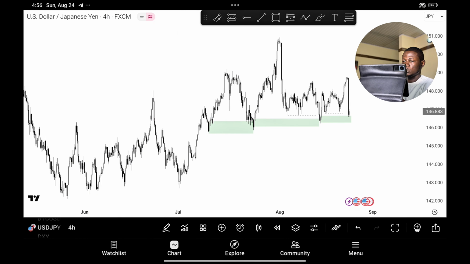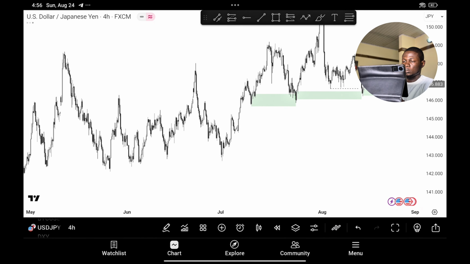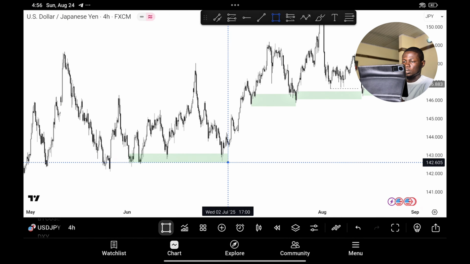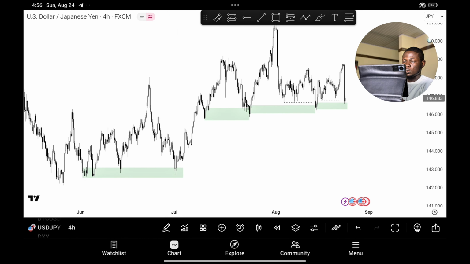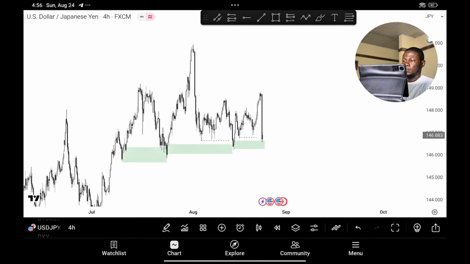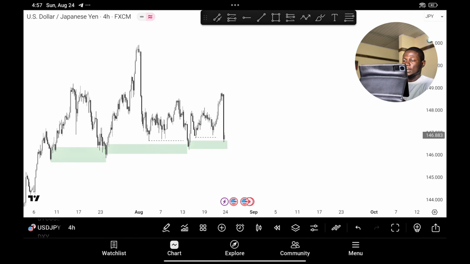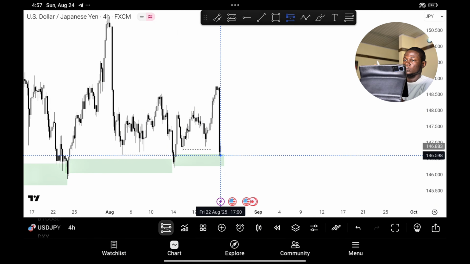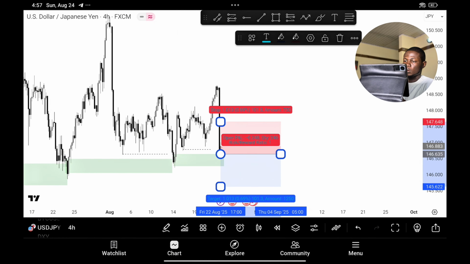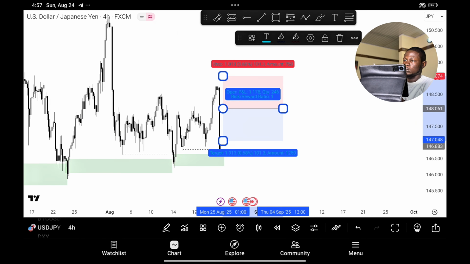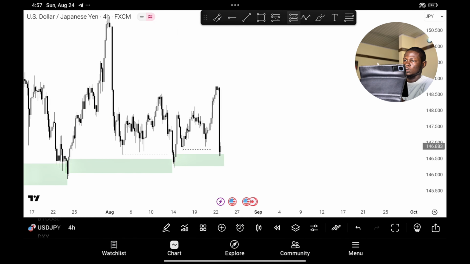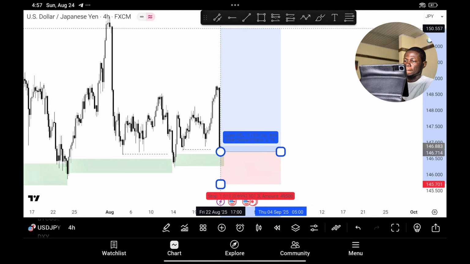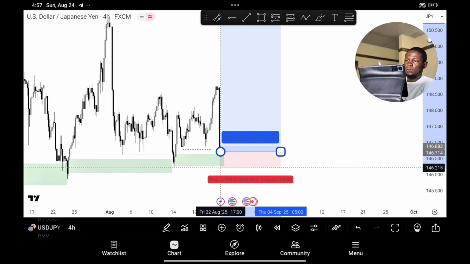Everything here was engineered. Do you understand? Then I'll be watching out to buy USDJPY from this angle.